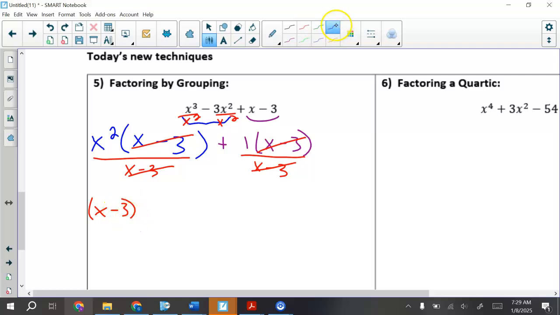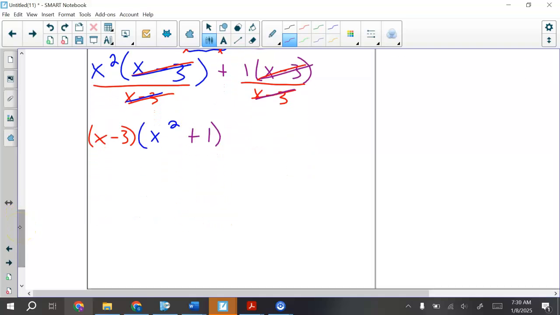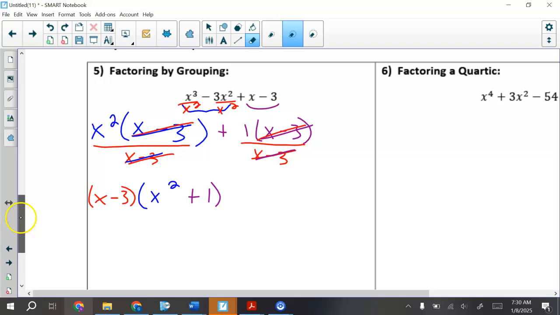So in that first one, when I take out that x minus 3 and cancel those out, I'm left with the x squared. And then on the second one, when I take out that x minus 3, I'm left with a 1. Okay, so now if this were a minus, we could break it down further by difference of squares. Since it's a plus, that's all we can do. All right, so that's factor by grouping.